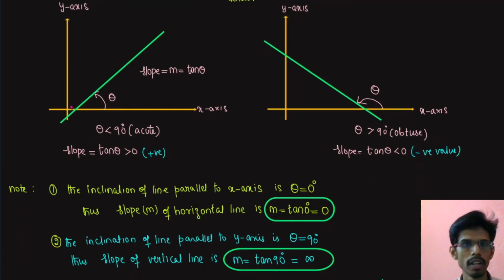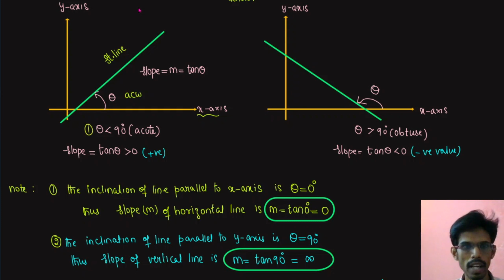Now let us see here, we have this coordinate axis, here we have x-axis, y-axis. Now this is a straight line, here we have this straight line making angle theta in anti-clockwise direction with x-axis. So here the angle is less than 90 degree.